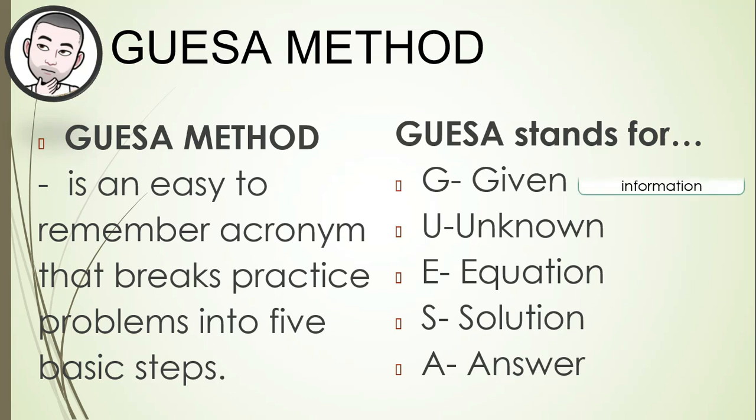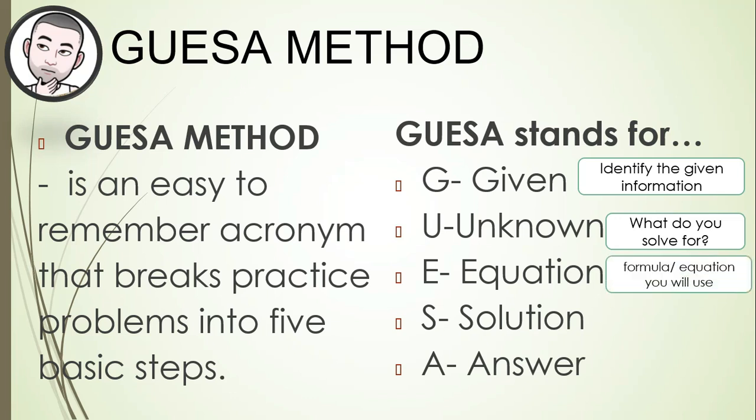In the given, you have to identify the given information in the problem, like the given value for wavelength, frequency, or speed. The unknown is usually mentioned in the problem: what do you solve for? Equation is the formula that you will use in order to solve the missing variable.